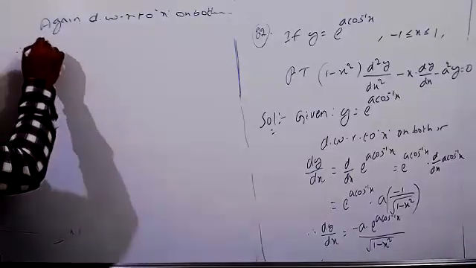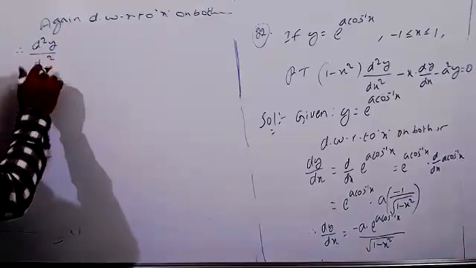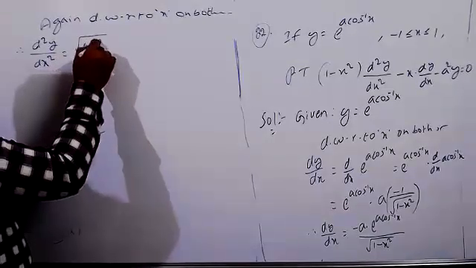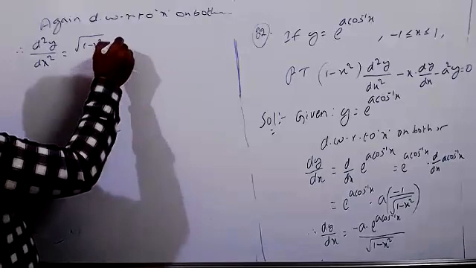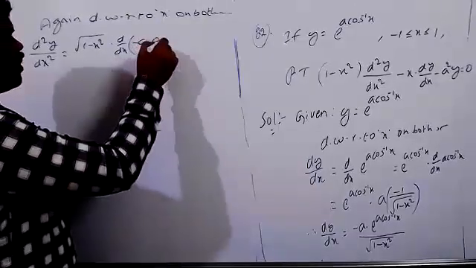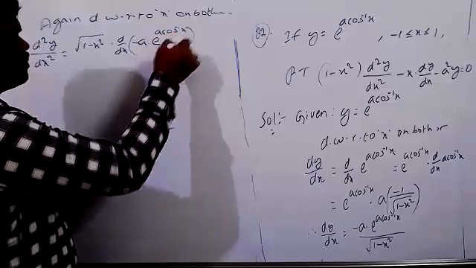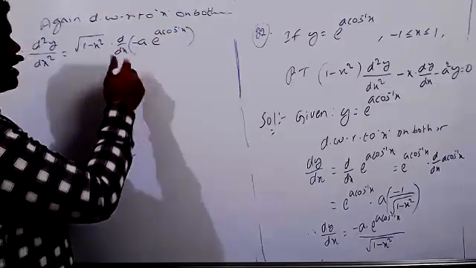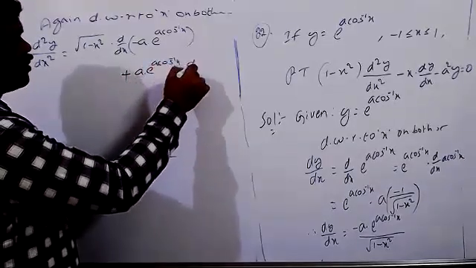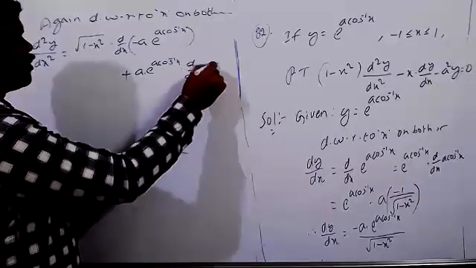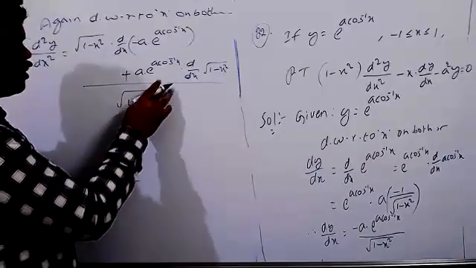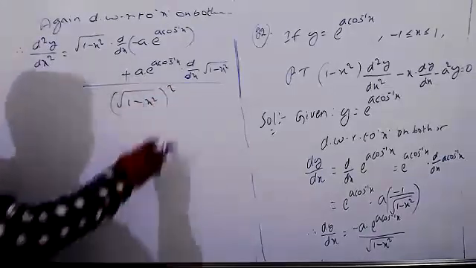So therefore d square y by dx square equal to, u by v formula can apply now, v into, that means 1 minus x square into differentiation of that value, means d by dx of minus a into e power a cos inverse of x, minus, minus into minus will get plus, a into e power a cos inverse of x into d by dx of root of 1 minus x square, whole by root of 1 minus x square whole square.